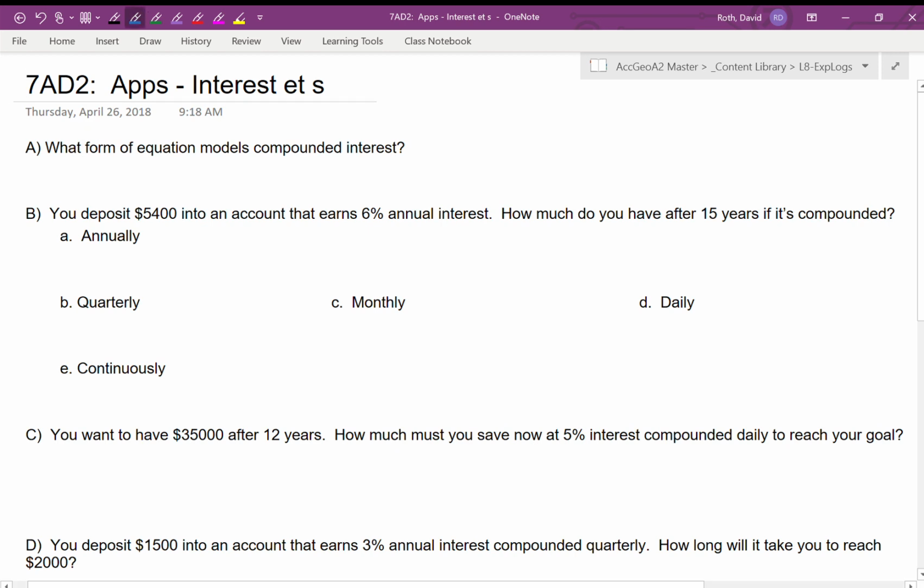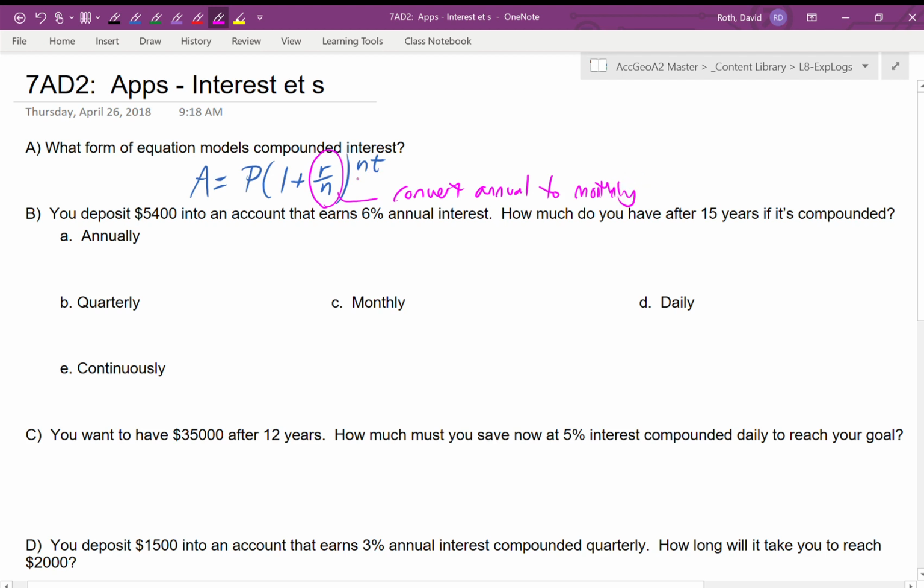Okay, hopefully you wrote A, the amount I have at any point in time, is equal to P, my principal, 1 plus R over N to the NT power. And don't forget what these parts are doing: the R over N converts annual to monthly interest, or whatever the period is.